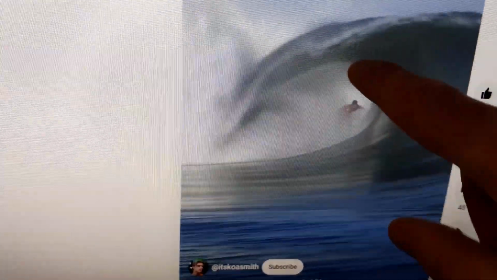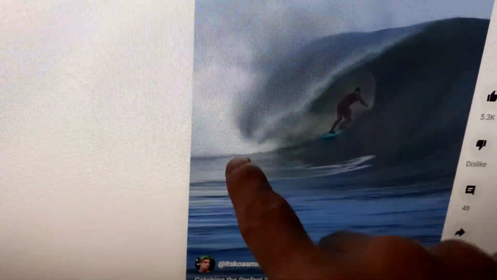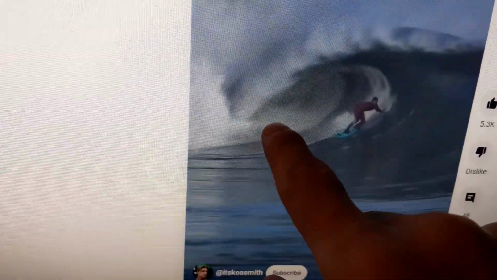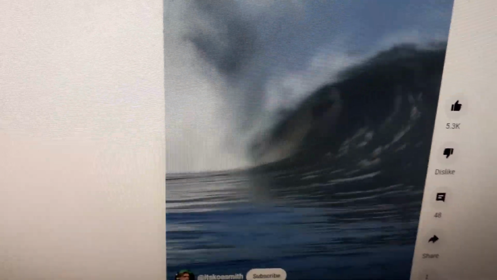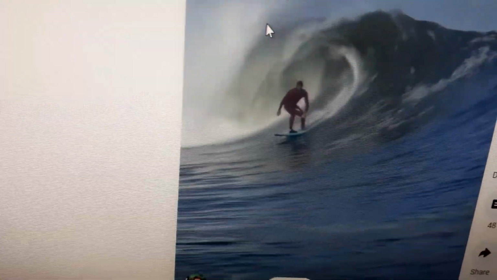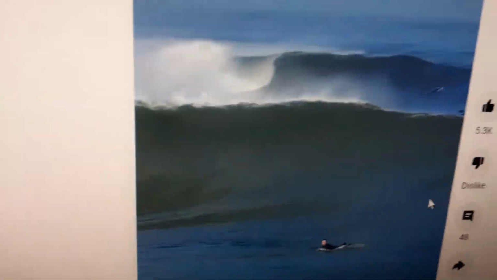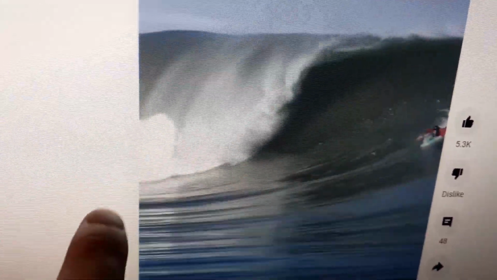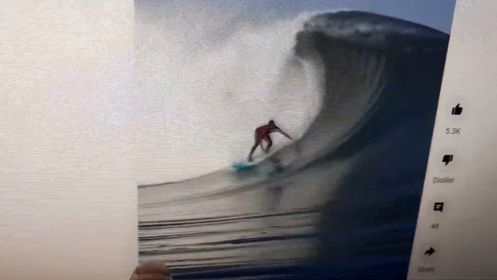But see, the continuous flow doesn't maintain continuous. It's a bit up and down, and then it's hooped in a sense, like arched, and then it continues to be continuous again.